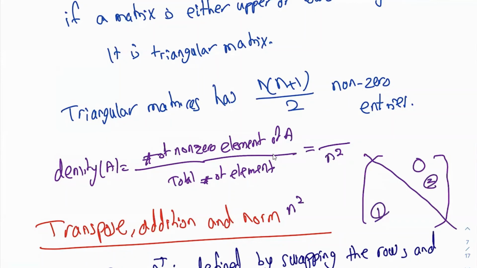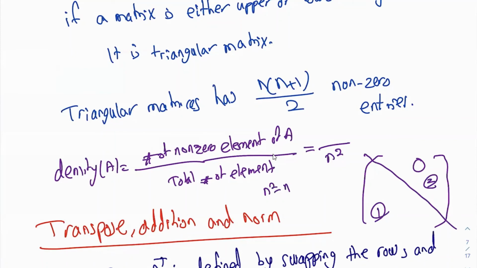These two have a symmetry, right? So first we subtract the number of elements on the main diagonal, which is n. So n squared minus n is the number of elements that are not on the main diagonal, either in region 1 or region 2.